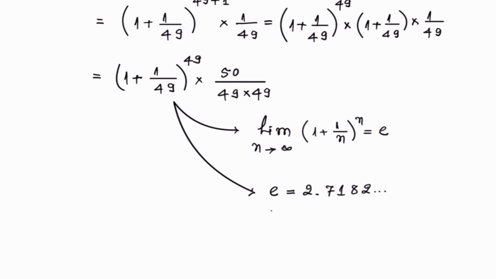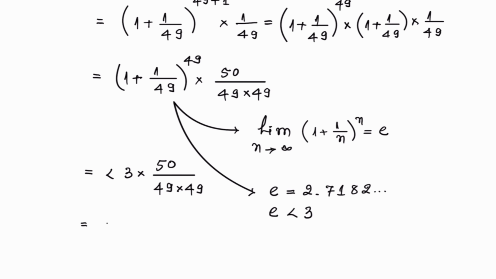As you can see, e is less than 3. That means this number here will be less than 3 times 50 over 49 times 1 over 49.